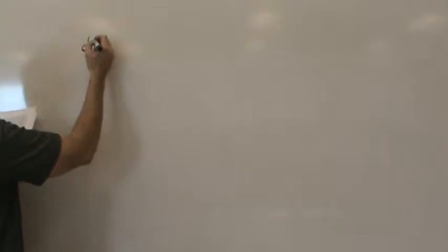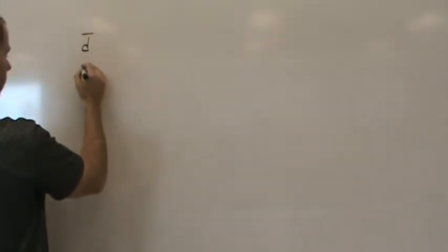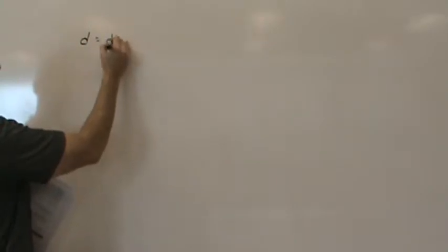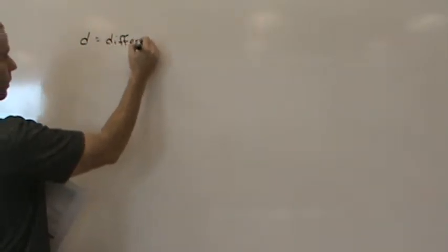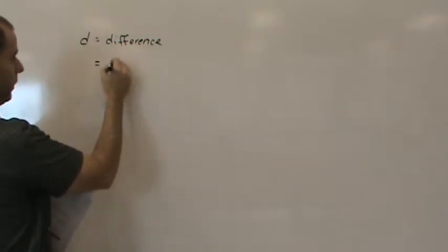So here's the notation. We're going to use d bar to be the mean of the differences. The differences are notated with D, so each individual difference is D, which we're going to say is the before minus after.